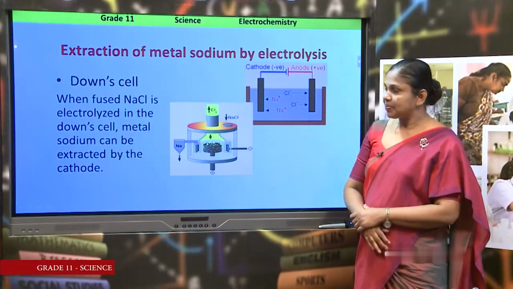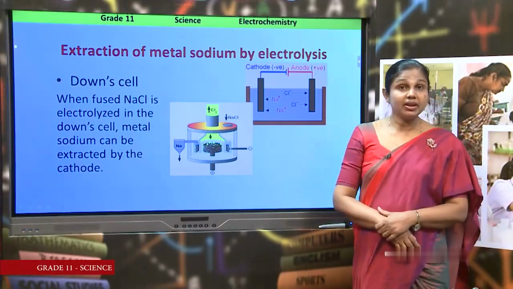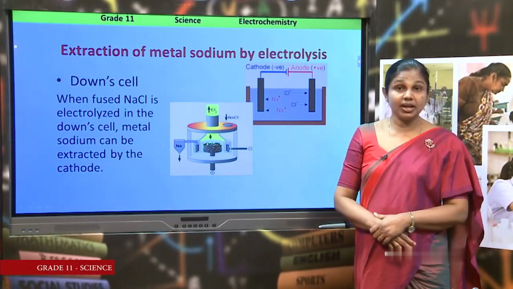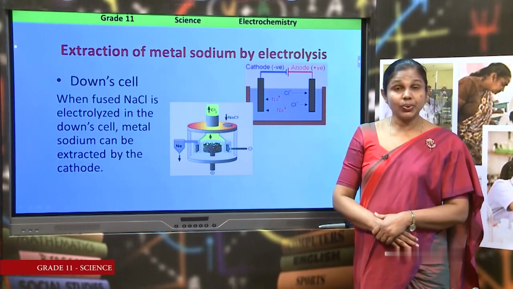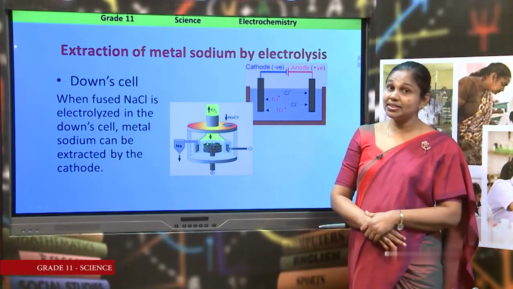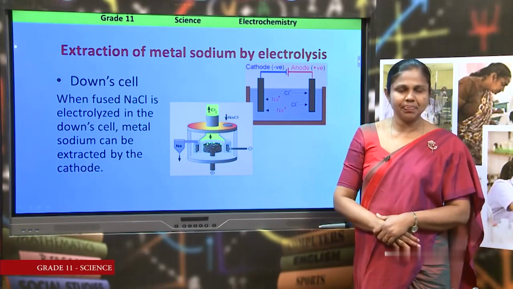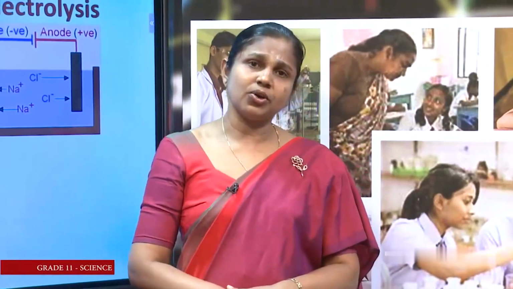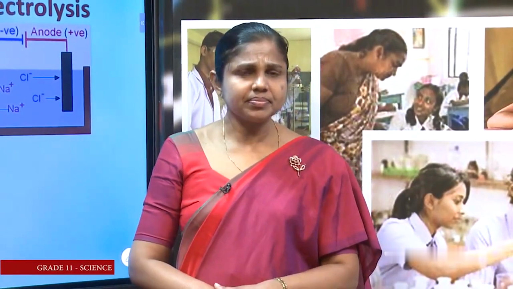Right, children. Now, I am going to explain how metals, especially highly reactive metals like sodium, magnesium and calcium, are extracted by the process of electrolysis. Can you remember, in grade 10 you also had a topic like this.